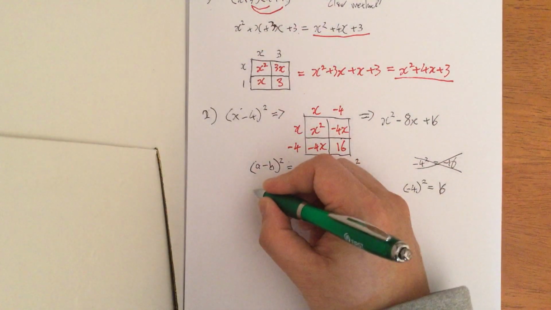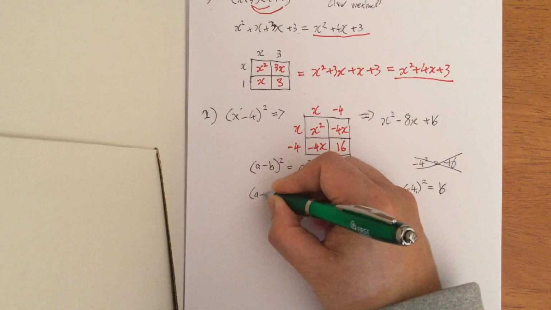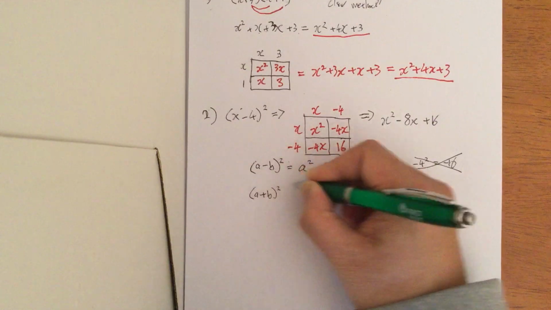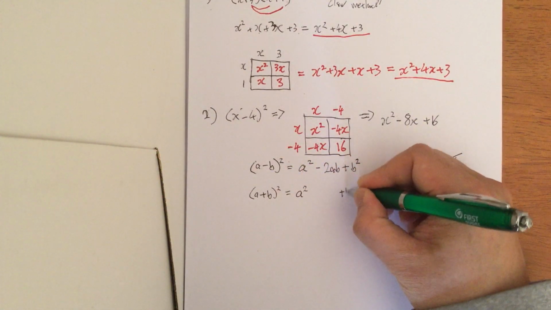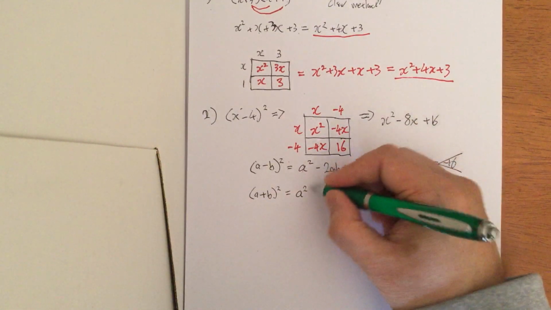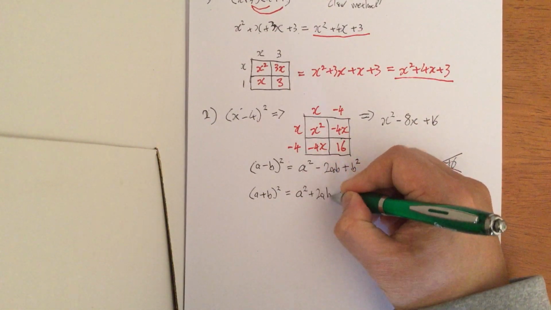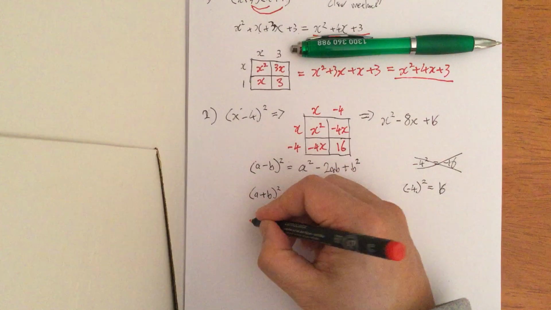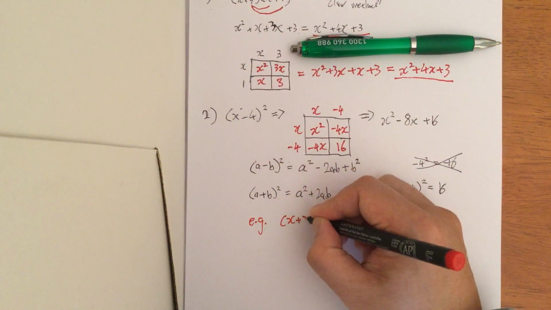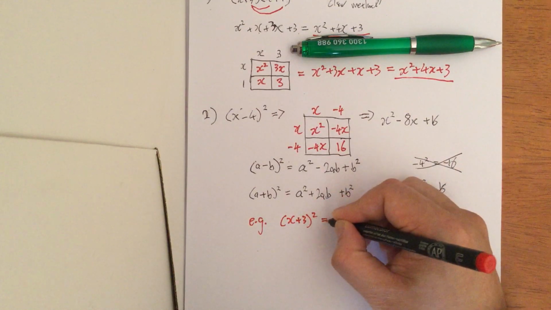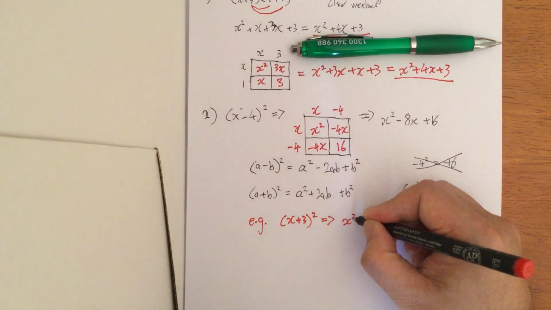Okay, and so if you have a situation where it's a plus b, well then the answer will be very similar. So it's a squared, the last term is b squared because it's a plus anyways. The middle term is 2ab. So for example, if I have x plus 3 all squared, you should get x squared.